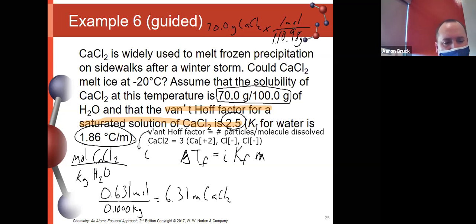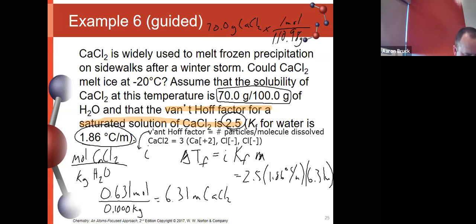Now that I've got that information, my i is 2.5, my Kf is 1.86 degrees Celsius per molal, and my molality is 6.31 molal. 0.631 times 2.5 times 1.86 would give me 29 degrees Celsius.